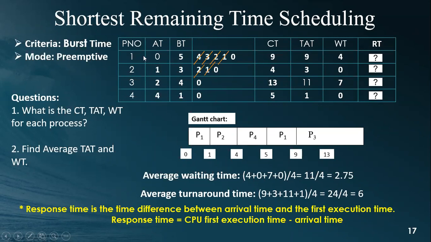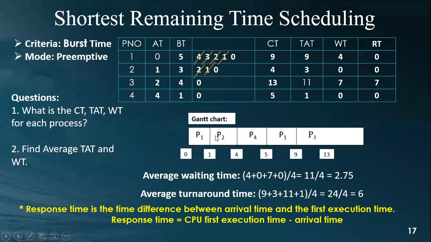Process 1 arrived at 0 seconds. And when did he get the CPU for the first time? At 0 seconds, right? So he had to wait 0 minus 0, which is 0. So the response time for process 1 was 0 seconds. Let's talk about process 2. He arrived at 1 second. Instantly, if you see here, process 2 got the CPU also at the first second.